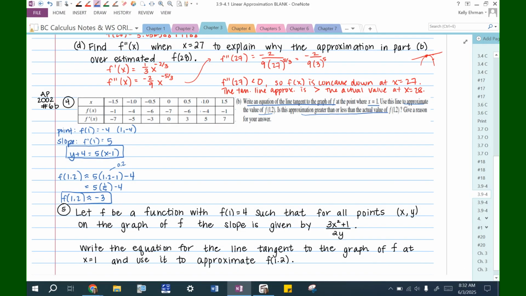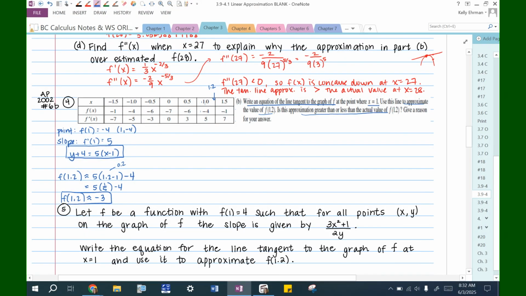Now, I can't find f double prime, and I don't have f double prime in my equation. But what I do have is information about the table. So 1.2, let's look at what f prime is doing. From 1 to 1.5, where 1.2 falls within that, f prime of x goes from 5 to 7, and it's positive. I think that in this problem, we might have some more information about f prime of x. But I can see that f prime is positive, and I can see f of x is increasing.